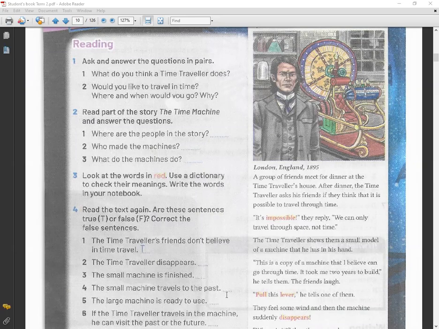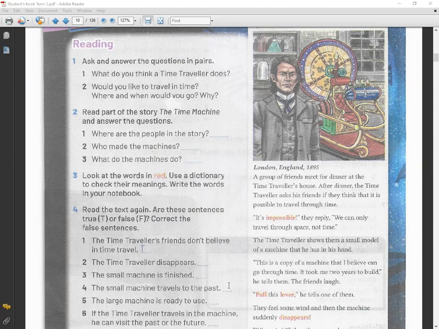London, England, 1895. A group of friends meet for dinner at the time traveler's house. After dinner, the time traveler asks his friends if they think that it's possible to travel through time. It's impossible, they reply. We can only travel through space, not time.